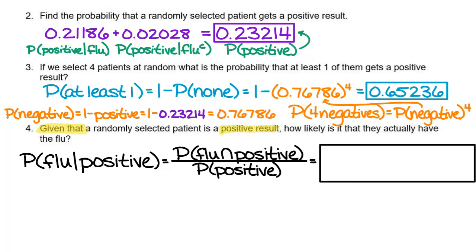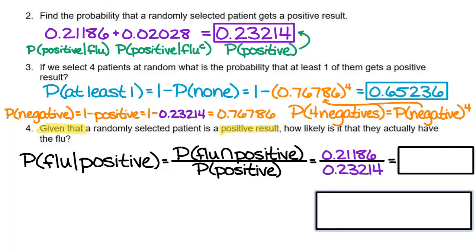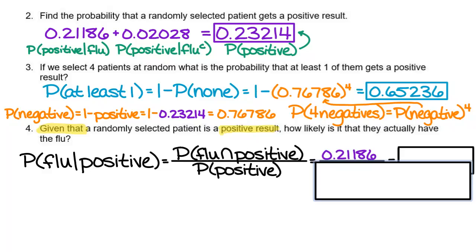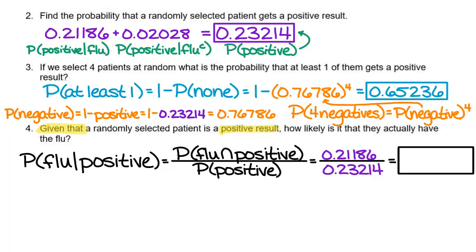Yes, probability of positive. According to our tree diagram, what's the probability that somebody has the flu and is positive? 0.21186. What's the probability that we calculated that somebody is just positive, full stop? 0.23214.